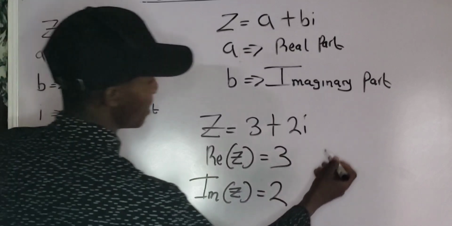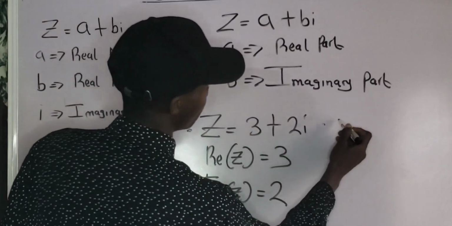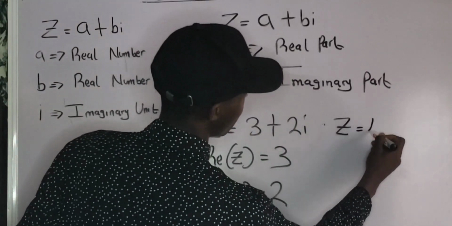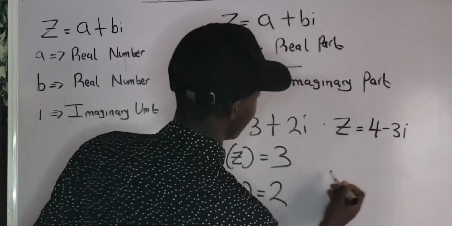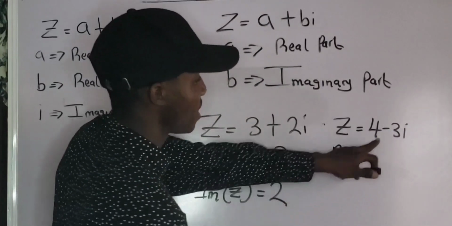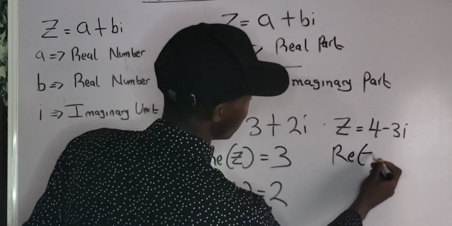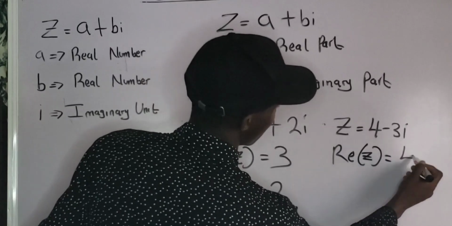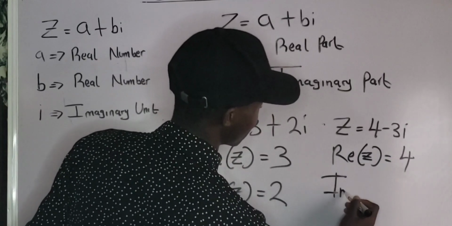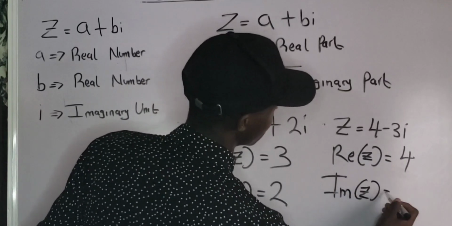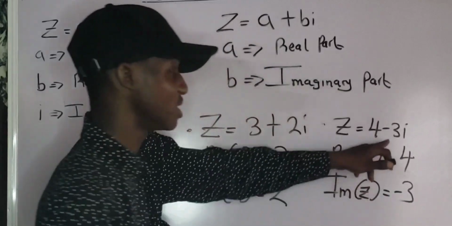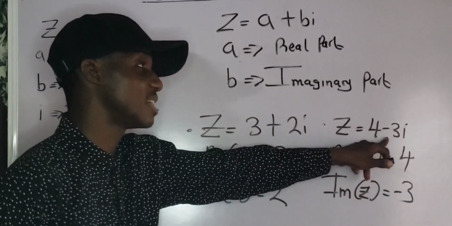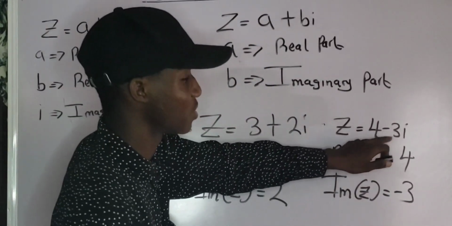So let's take another example. When we are given that Z is equal to 4 minus 3I, the real part of this complex number is real Z, which is 4, and the imaginary part is -3. You understand? Please, it is very, very important that you take note of the signs.